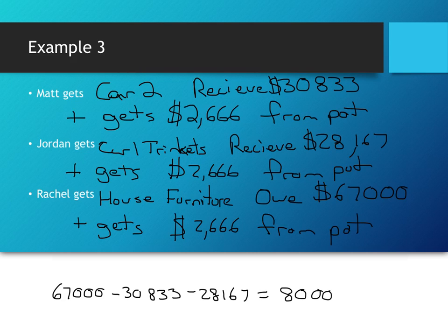Okay, so that's what's happening. Matt gets the car number 2, receives $30,000 and gets $2,666. Now, let me just state that this was equitable, because remember, Matt thinks in his own mind that car 2 plus this $30,833 is worth 1/3. That was if you add up the total here of what he got, that was 1/3 of the actual value he bid.